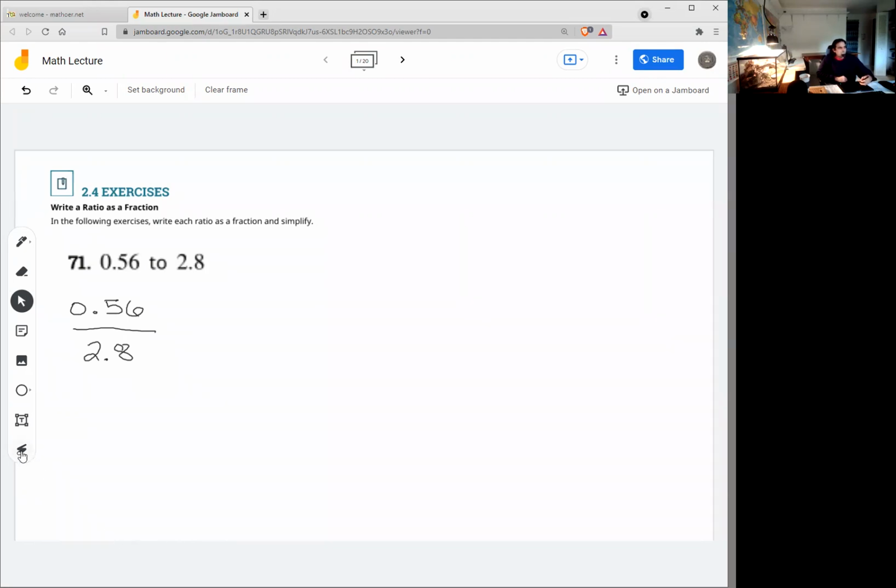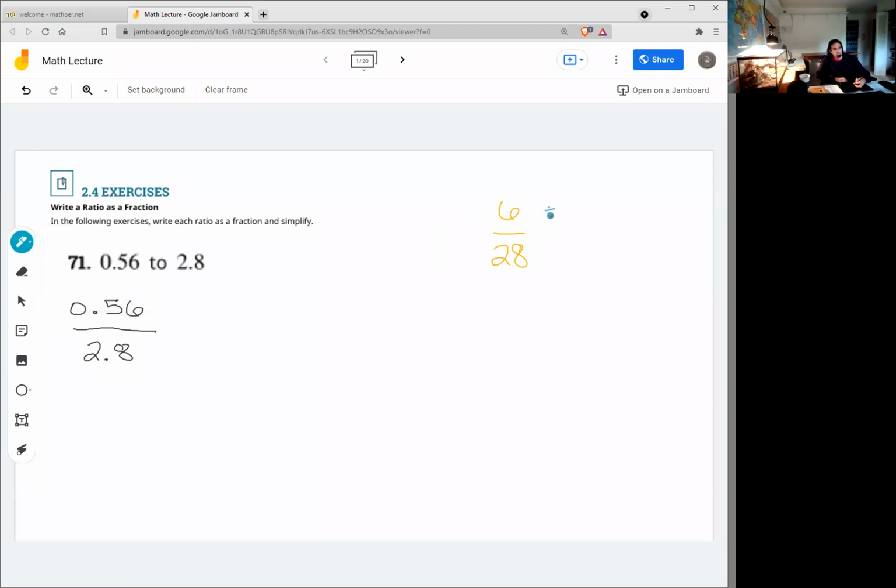And we haven't talked during class time yet about how to simplify when you have decimal points kind of clogging things up. If this was just plain numbers, we know how to simplify. If it was, say, 6/28, then we can say, what's the biggest number that's a common factor to both of those?